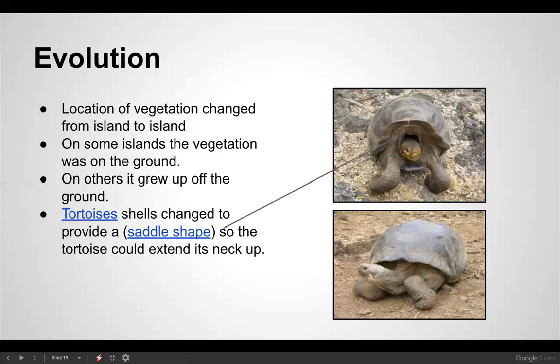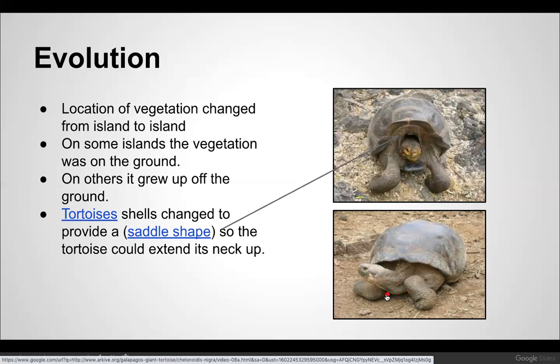If you look at the necks here, this has the shell, it has an arch. This shell is straight. His neck cannot reach as high as this one because of the arch. So this one probably eats stuff that's above, in a bush that's higher up off the ground, whereas this one's eating stuff closer to the ground.